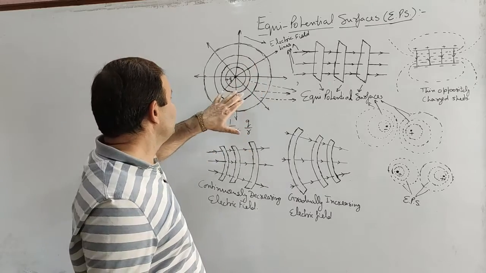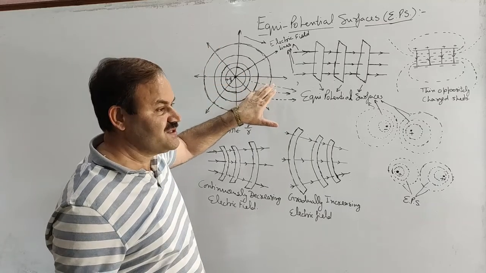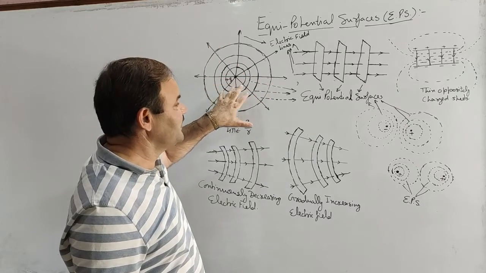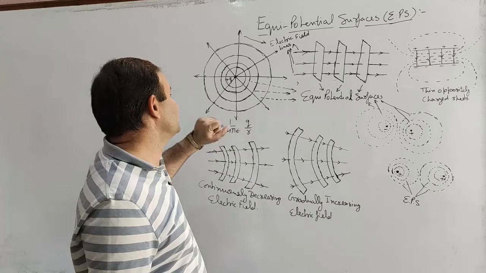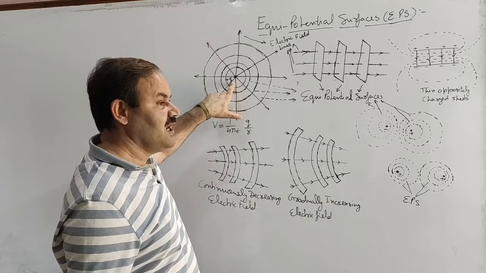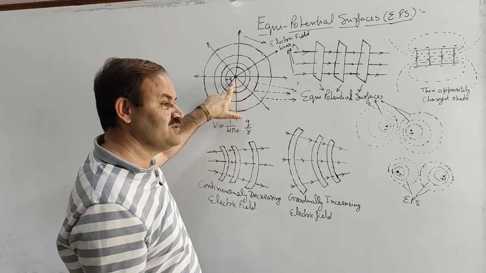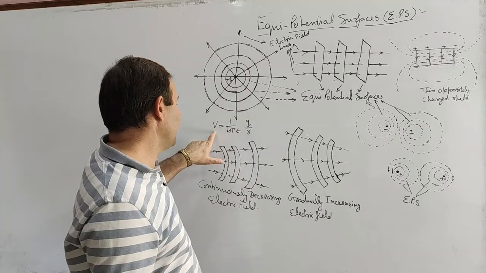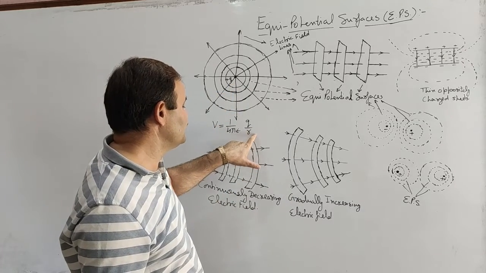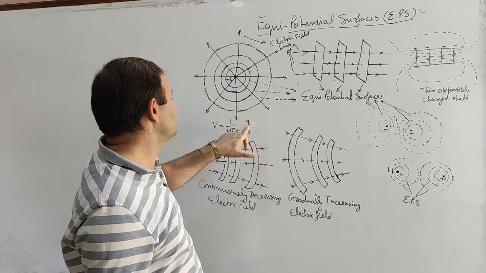Now we will see the equipotential surfaces due to various charges and charge distributions. Say we are having a point charge, then due to point charge electric field is inversely proportional to square of distance, while electric potential is inversely proportional to distance from the charge.